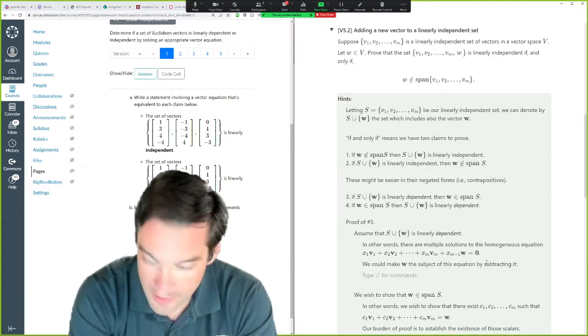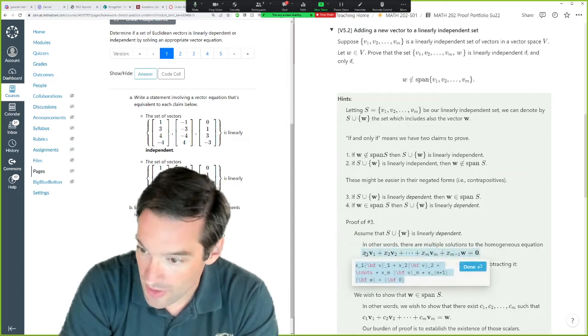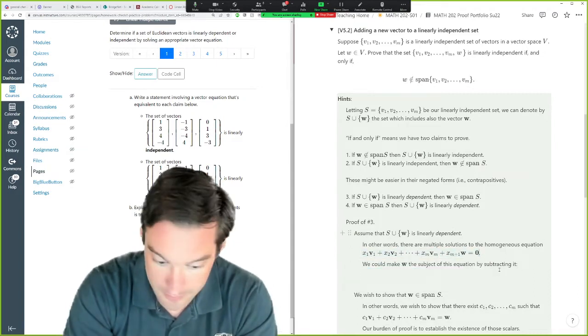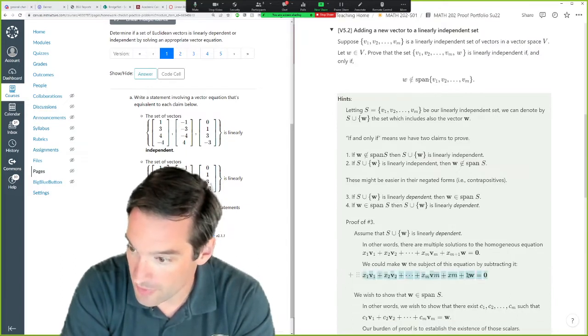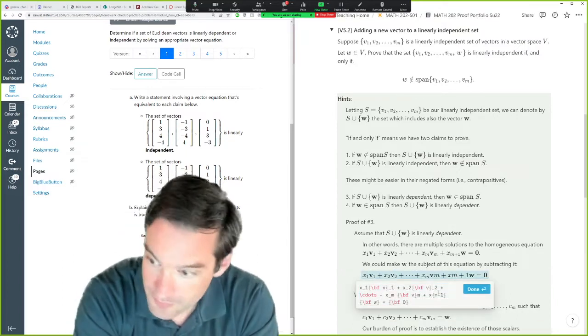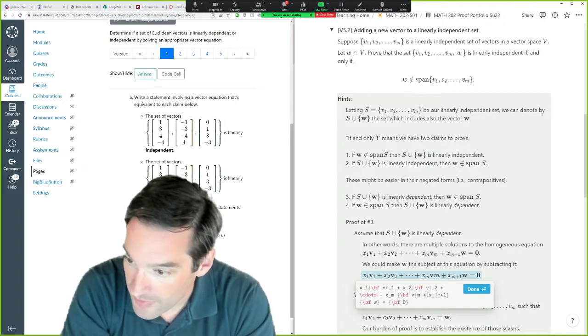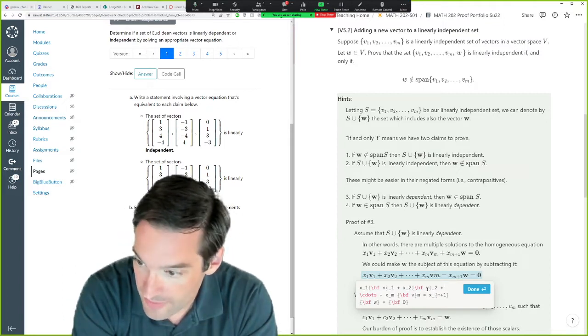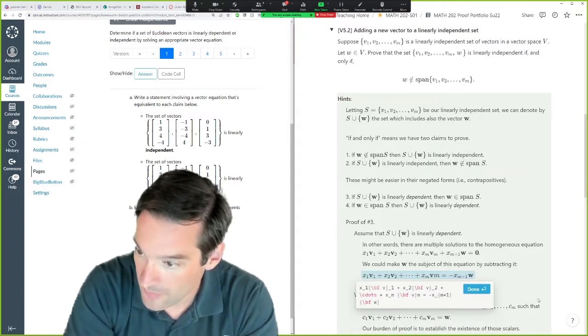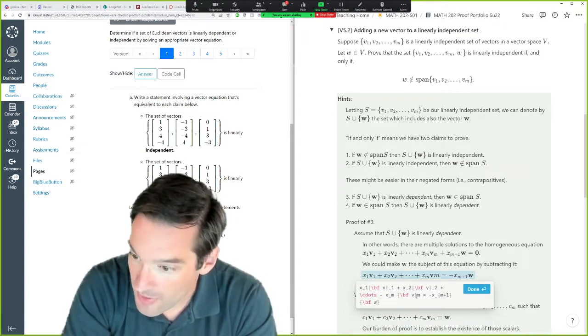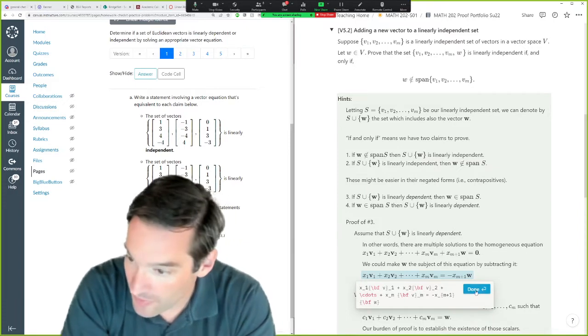And so if I do that, I'm going to get an equation that looks like, it's going to look an awful lot like the previous one, right? Except that the right-hand side is going to be negative x sub m plus 1 times w. So this part is probably happening on scratch paper or something, right?